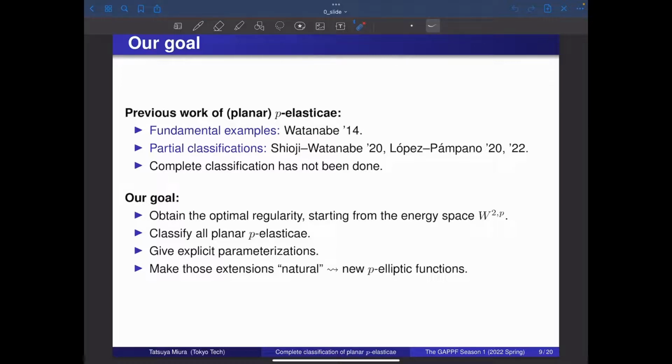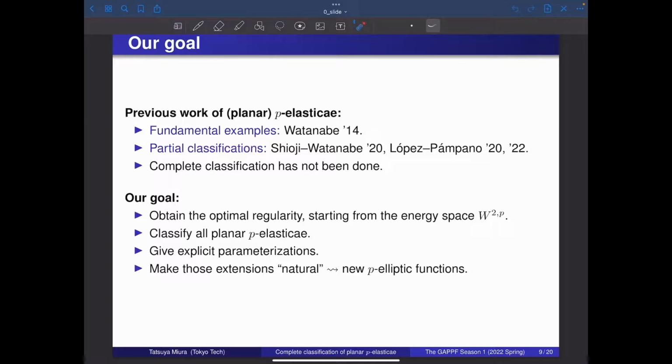But the techniques developed in this paper are quite useful even for planar p-elasticae. Some partial classification results are also obtained by Lopez and Pampano. But the complete classification of planar p-elasticae has not been obtained in the literature. So our goal here is to obtain the complete classification of planar p-elasticae.